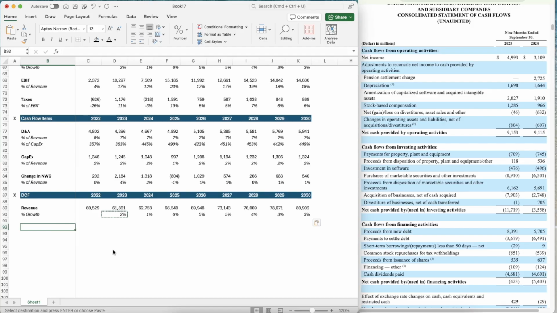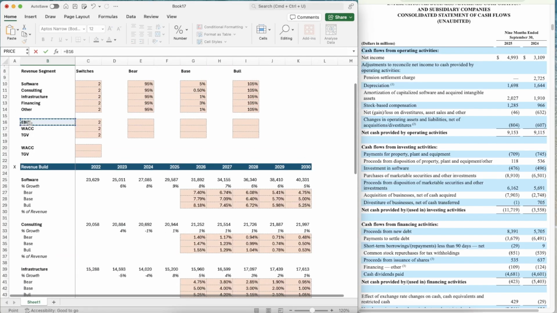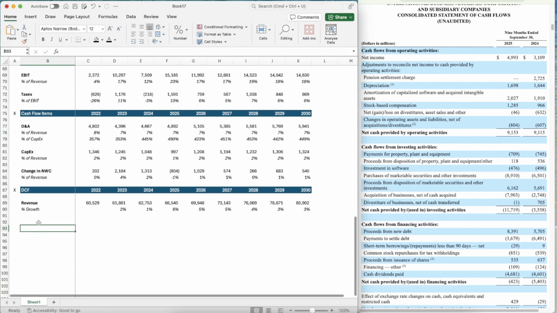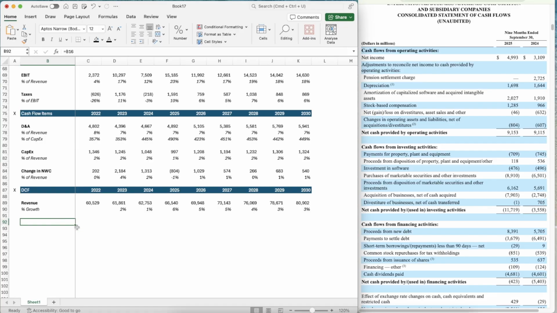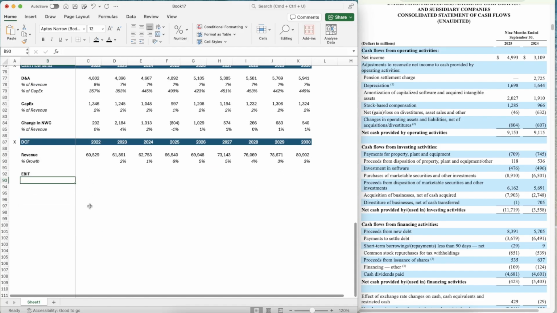So equals. Now for the EBIT, we're going to do a bull, bear, and base case scenario for this one, so that we can toggle with the switches. Because your EBIT margin is, along with the WACC and terminal growth value, one of the 3 biggest drivers, more so than revenue, of the valuation of the company.